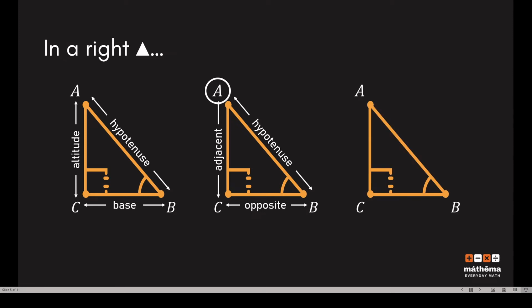With respect to angle B, this side will be the opposite side of B, this side will be the adjacent side of angle B, and of course our hypotenuse. So I want us to remember the location of our opposite and adjacent sides.